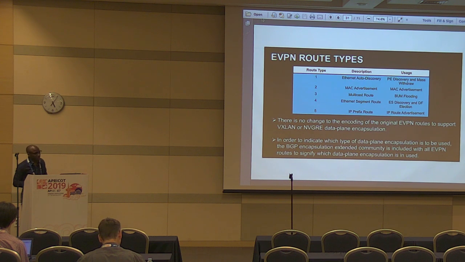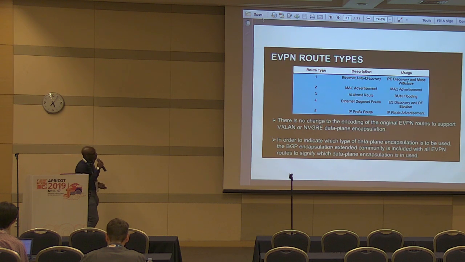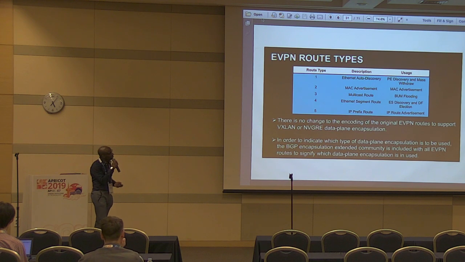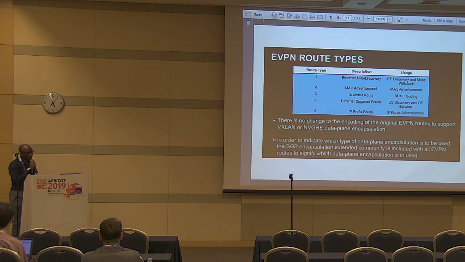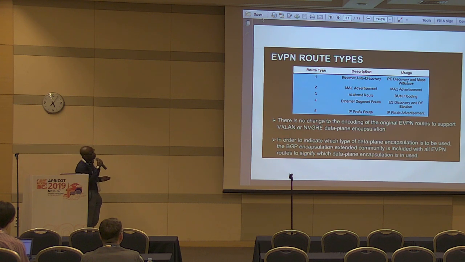Okay, EVPN route types. The original EVPN draft actually specifies four route types, which we're going to go through. There have been some additional route types defined, and I'll try to touch on those as well. This is modeled on the back of point-to-multipoint next generation multicast, if you've done that in the past.